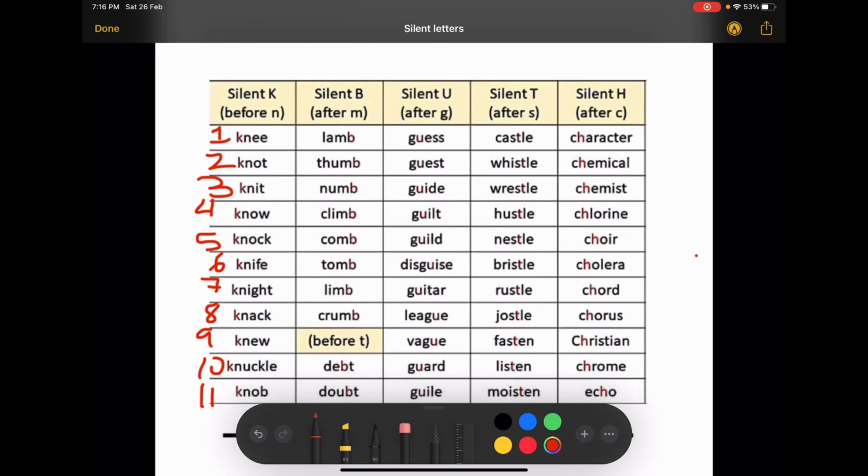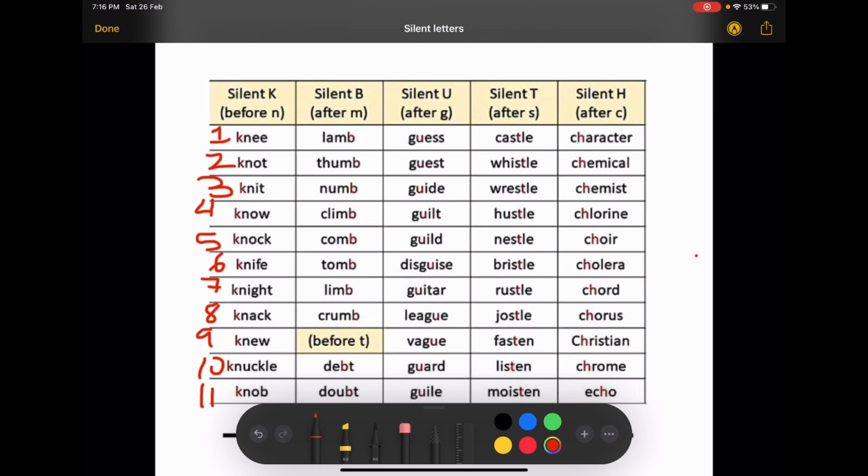So moving on to the letter H. Here are some words that include a silent H. And as you can see here, all of the words have a C before the silent H. For example, the first word we have is character, and the second word we have is chemical.